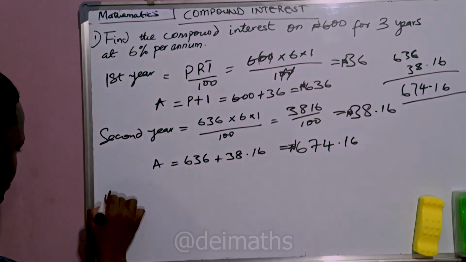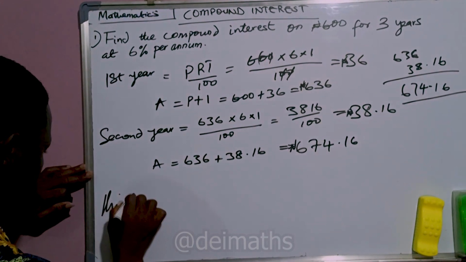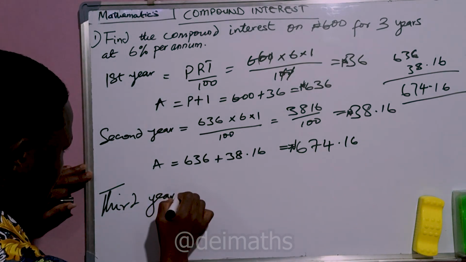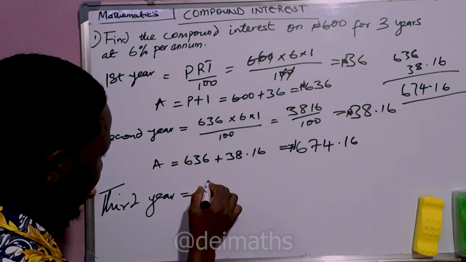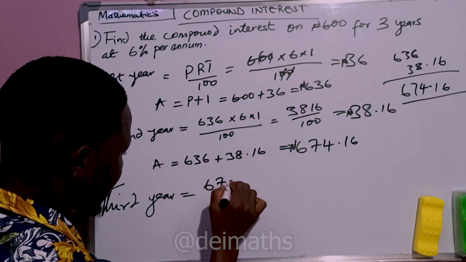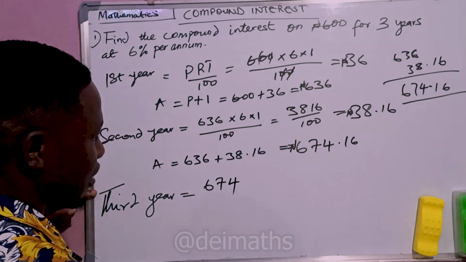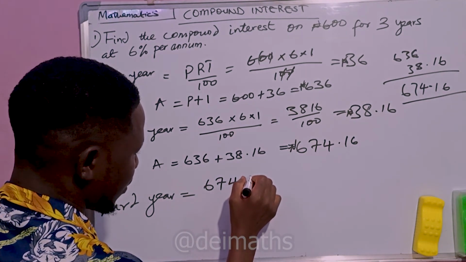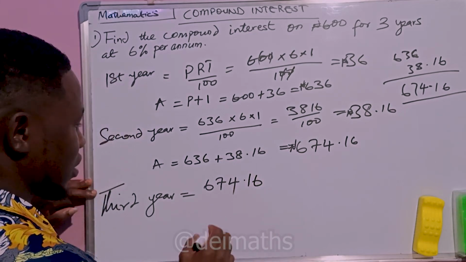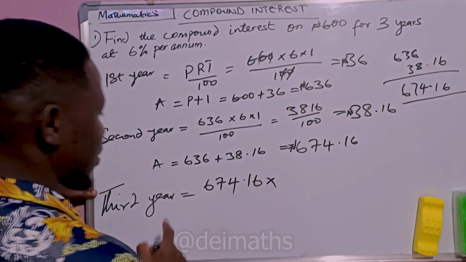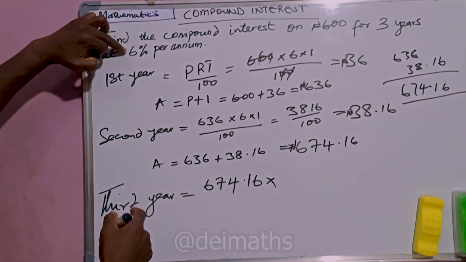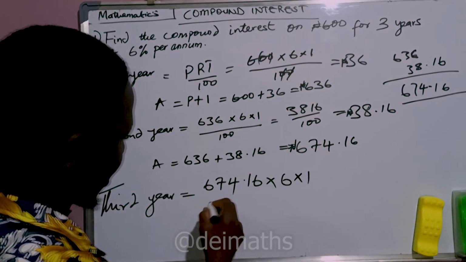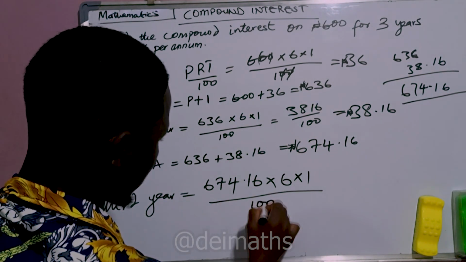So in the third year, we have 674.16 times our rate, 6% times 1 more year, all over 100.